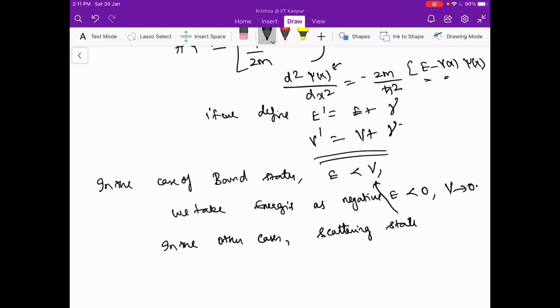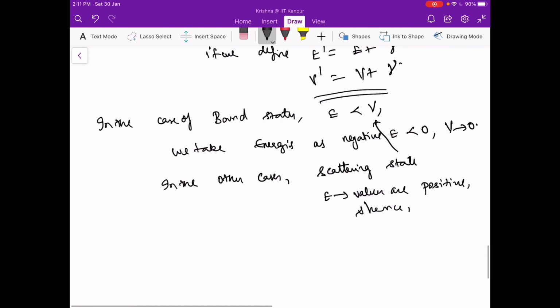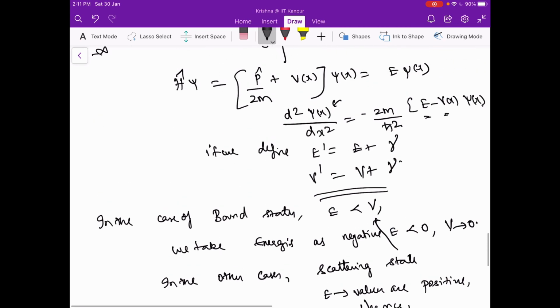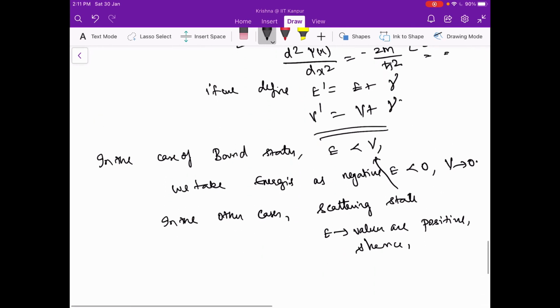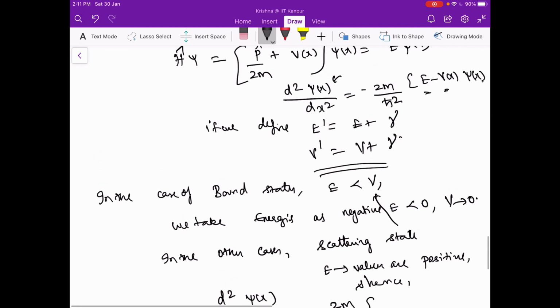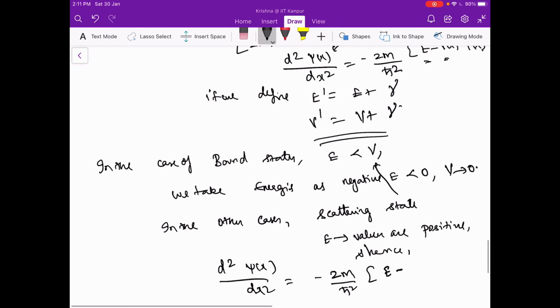In the other cases, it's clearly E values are positive, and hence any solution to the Schrodinger's equation, which we again write as d square psi of x by dx square, is minus 2m by h bar square (E minus V of x) psi of x.